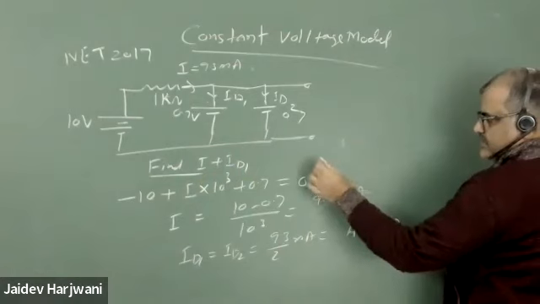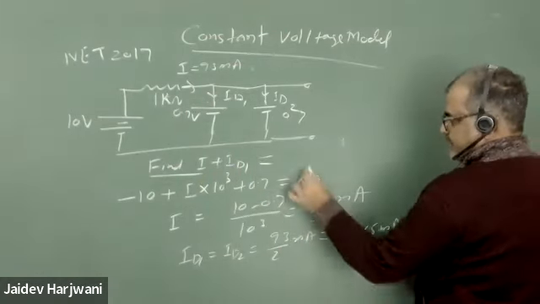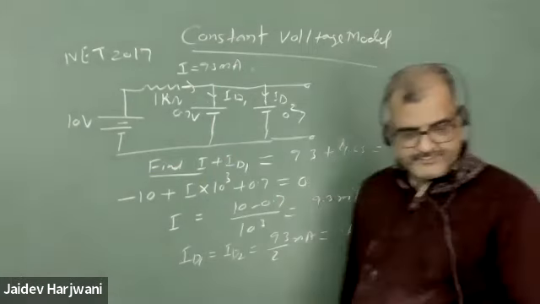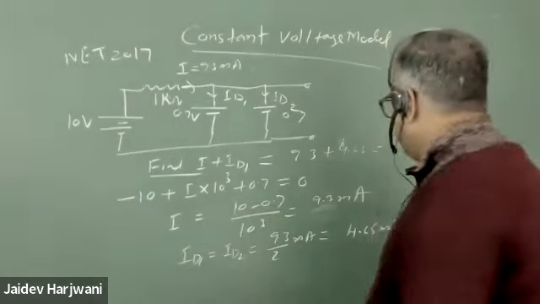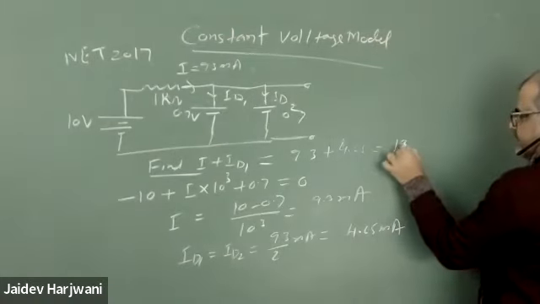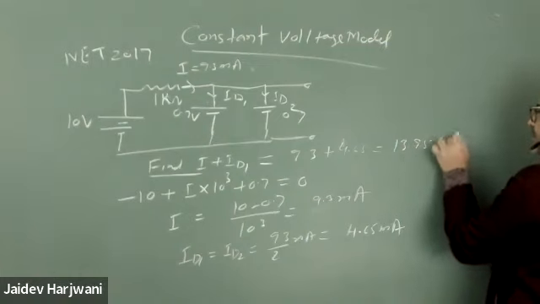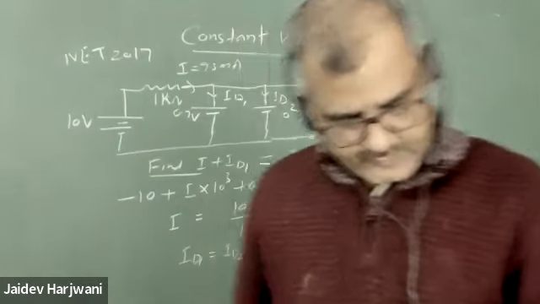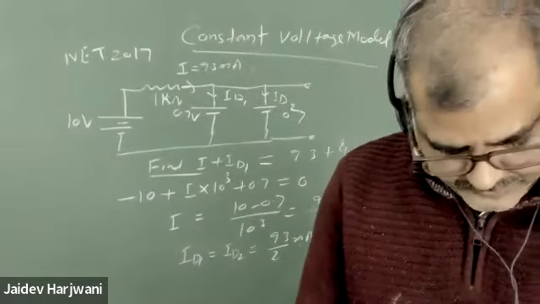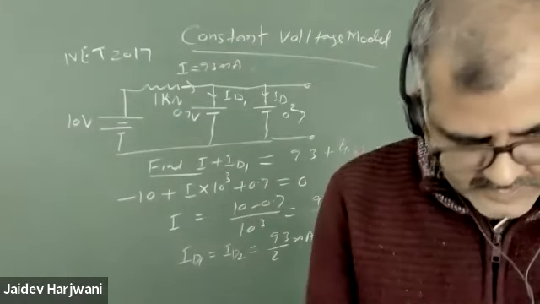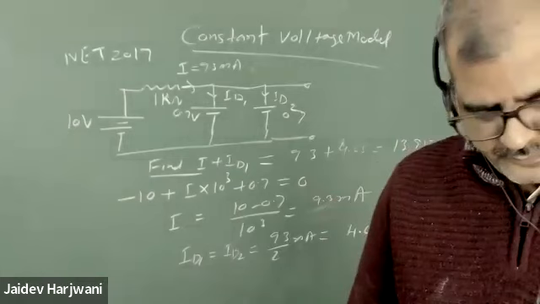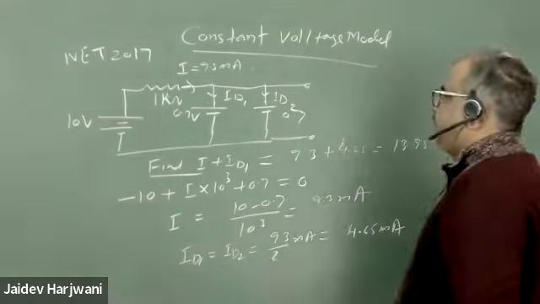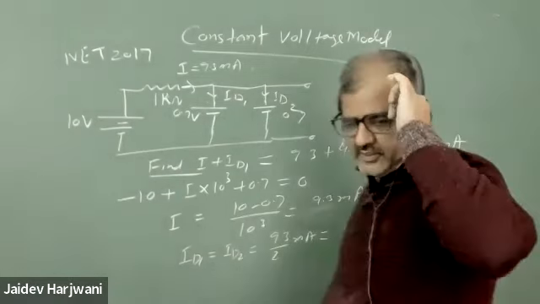So I plus ID1 will be 9.3 plus 4.65, and if you add them, they give you 13.95 milliampere. So, a simple question.